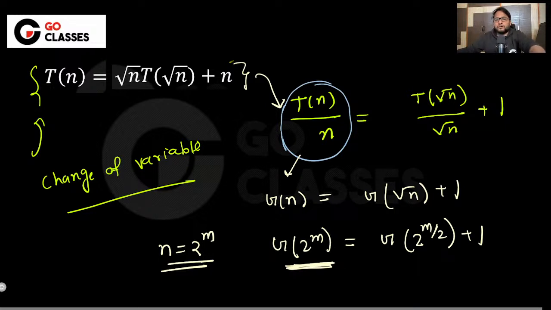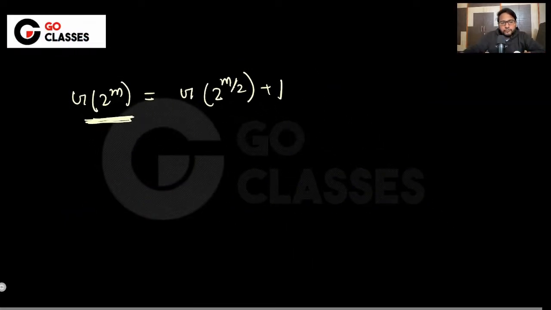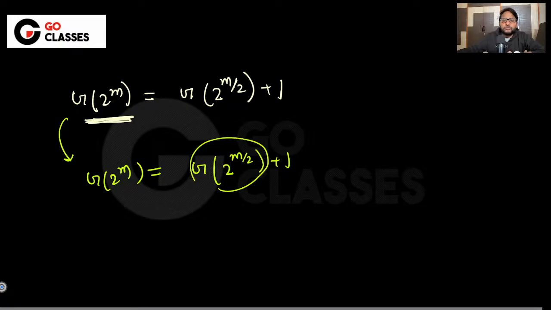Now let's just see how to solve this. So this particular term is going to be g of 2 power m. If you want, you can assume that to be some s of m or something, but let's not do it, because I have already done it and you will get confused if I do it 2 times in just one question. So it will be g of 2 power m by 2 plus 1, and then can you substitute this 2 power m by 2 with something?